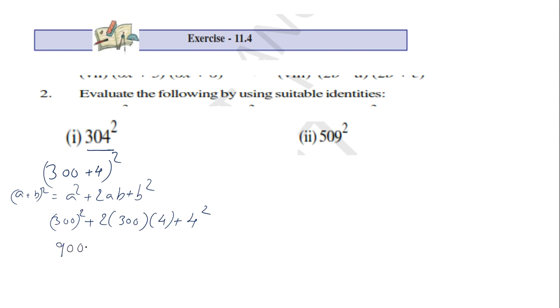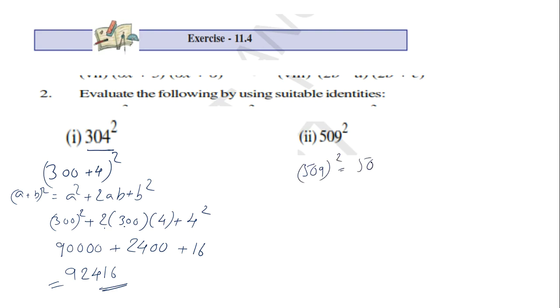Now 300 square is 90,000 plus 2 into 300, 600, 600 into 4, 2400, plus 4 square is 16. Now add it. 92,416 is the answer.